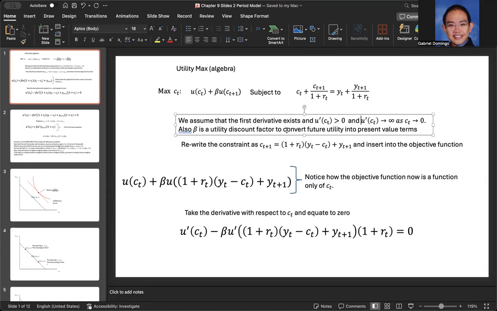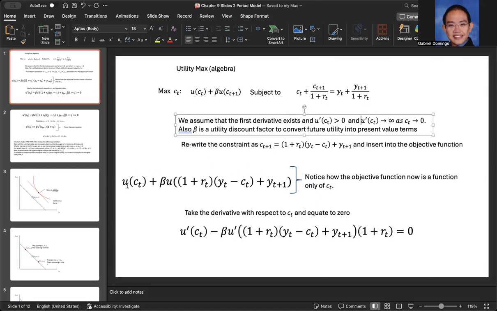Now rewrite the constraint from the intertemporal budget constraint here as follows. So notice that your consumption in the future is going to be equal to the income in the future plus whatever savings you're able to accrue, or minus, if this is a negative number, some debt that you need to pay off. Now insert this into the objective function here.